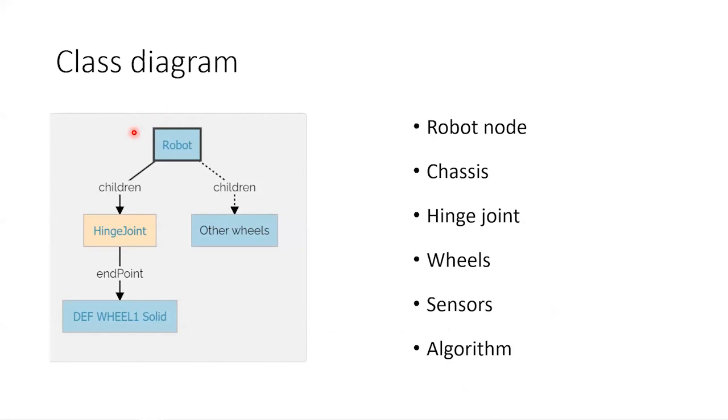So in Webots, we have a robot node, wheels on the wheel node, and sensors on the sensor node, and the simulation platform will connect these nodes together and run the simulation like the real world.